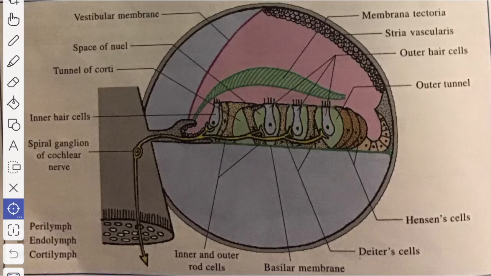The inner hair cells are analogous with the cones of the retina and they are responsible for fine discrimination of sound waves, while the outer hair cells are more involved in the detection of near threshold events. The spiral organ in the basal turn of the cochlea is concerned with the high pitch sound and that in the apical turn with the low pitch sound.